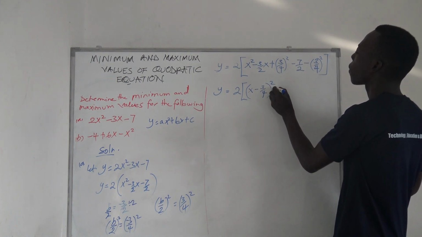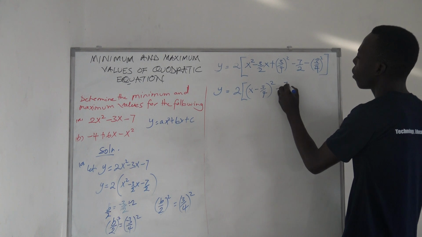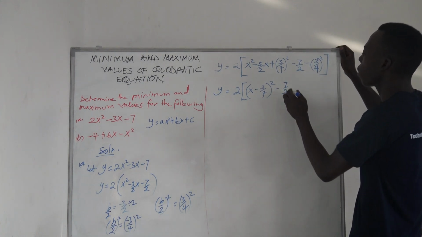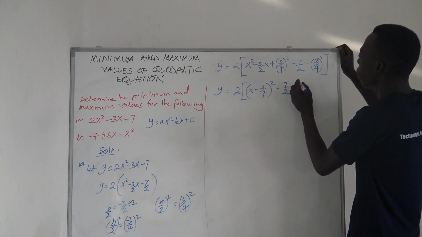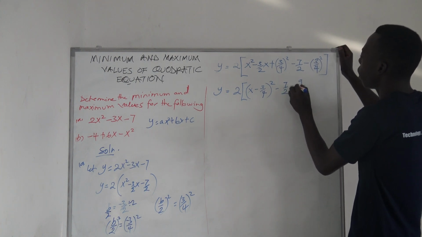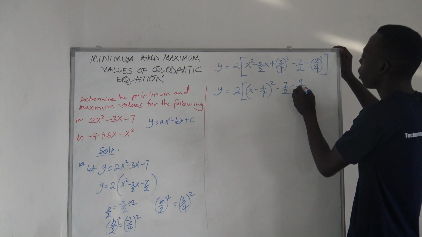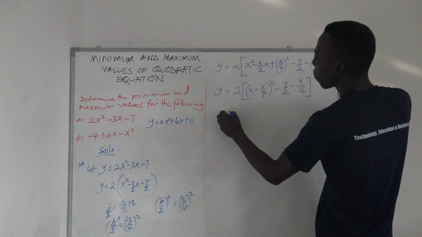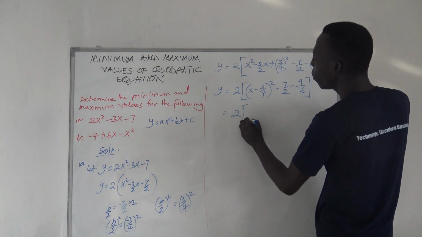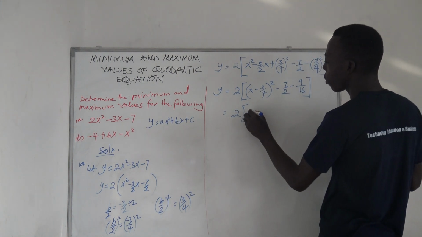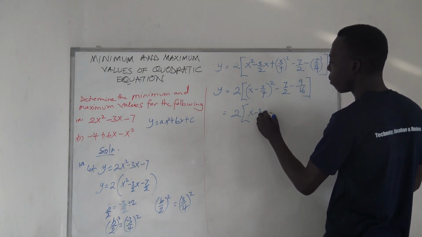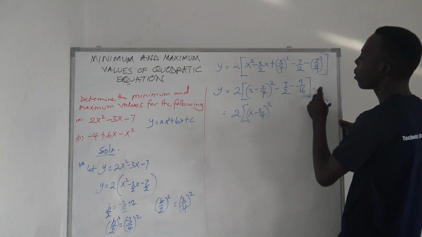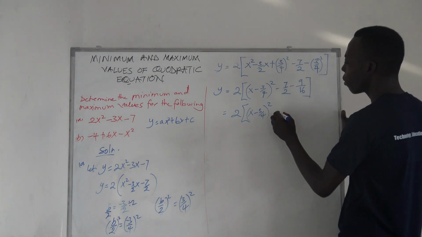Then minus 7 out of 2. Now we square the one inside the bracket, so it becomes minus 9 out of 16. So for this case we say 2 into x minus 3 out of 4, and the whole thing squared. Then here we get the LCM first.